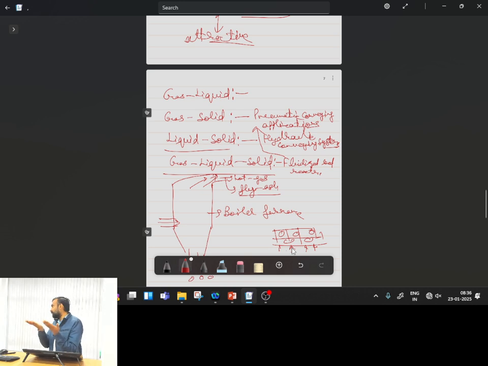It lifts these particles but does not convey them with it. It will only be lifting and keeping them in suspended form. So this type of reactor is called a fluidized bed reactor. As I told you, we have gas from the bottom and particles are suspended, so it comes in the category of gas solid two phase flow.